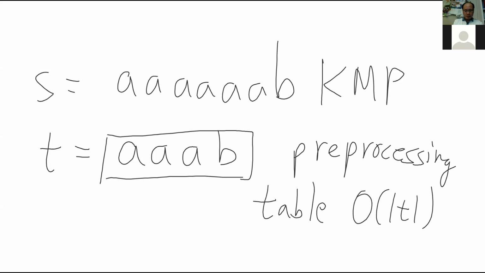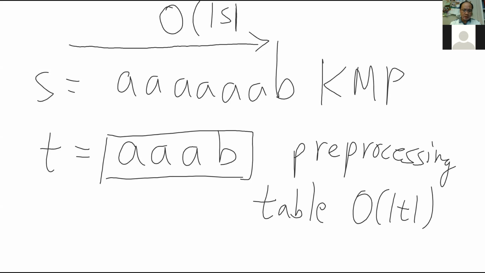Then the KMP search algorithm reads S with the table for T that you have already built. In linear time, linear in the length of S, it will be able to find every single occurrence of the string. Of course, you need to do the pre-processing, and then you can scan, but in the end the complexity is the sum of the 2 lengths instead of the product.